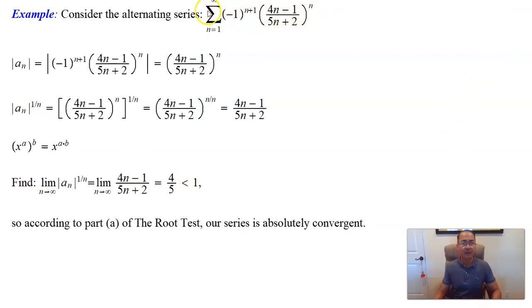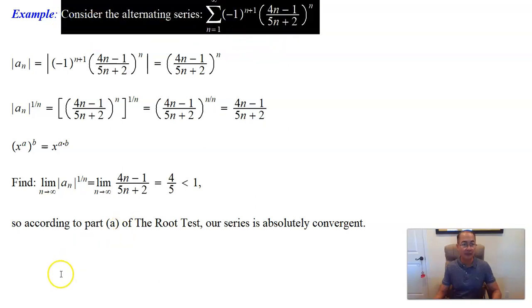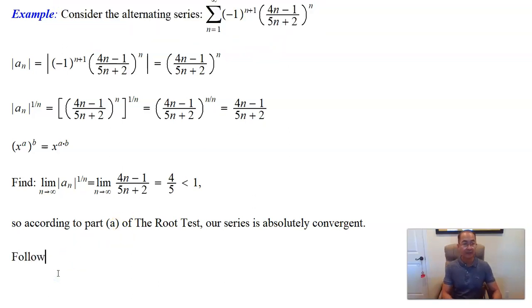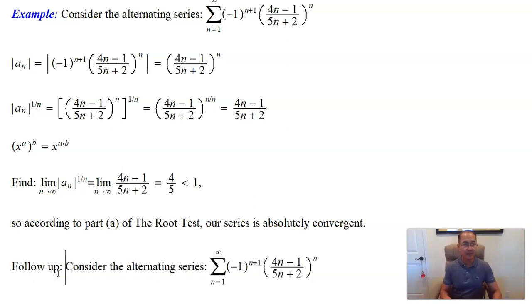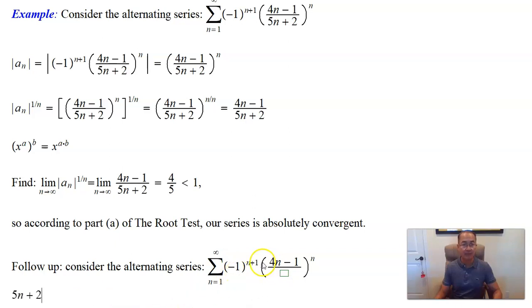We do have a bonus example, because what we can do is follow up. If we consider instead what we get if we flip this fraction, so we will put 4n minus 1 in the denominator, and we will put 5n plus 2 in the numerator.